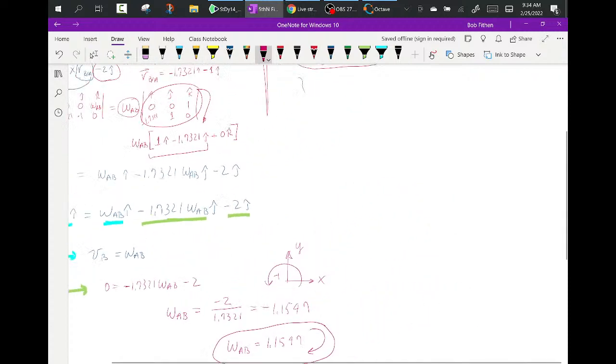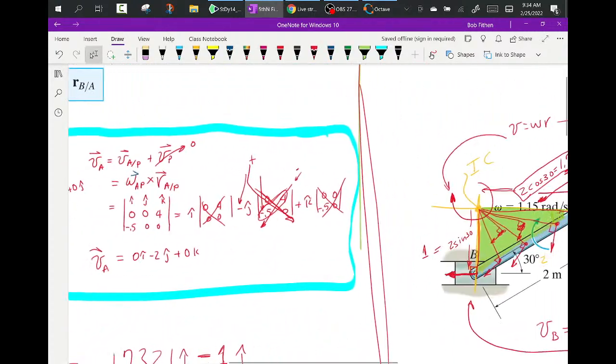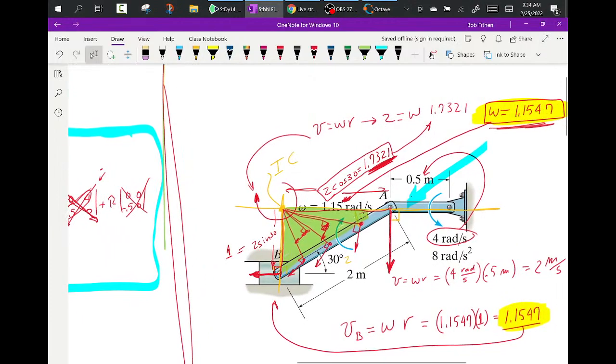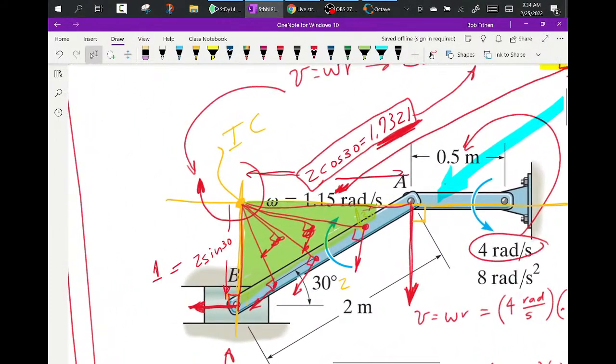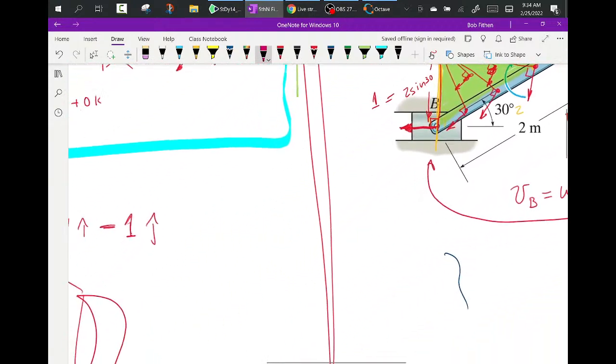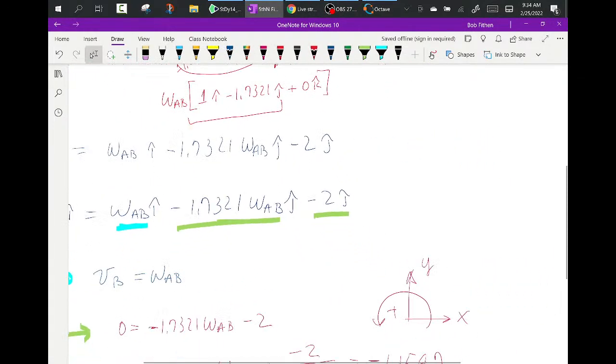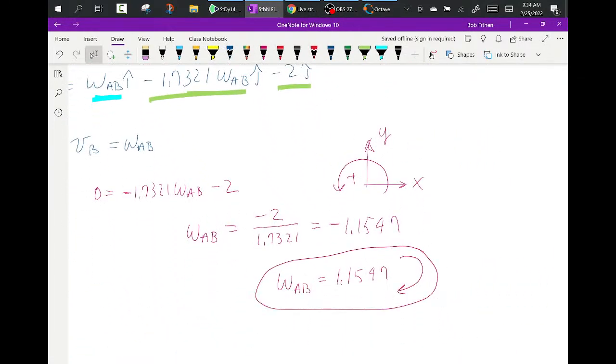Let's see. Did he even mention this direction? No, he did not, but it is going clockwise. So it is going in the direction of rotation of a clock, which is in fact what we have. This is a clockwise rotation, so we're correct.